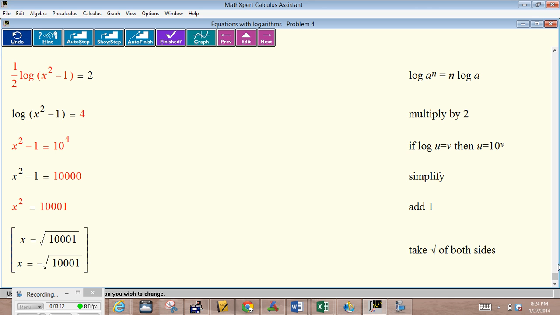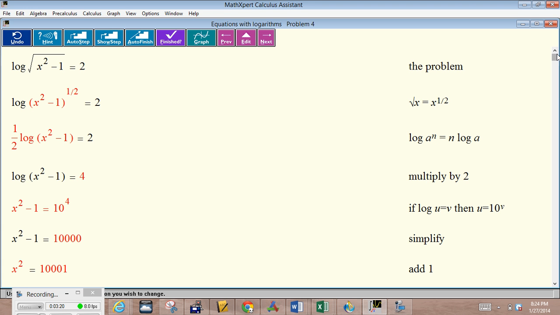Now, of course, this is offering the positive and negative square root, and we have to come back and ask whether it's actually going to take both positive and negative.